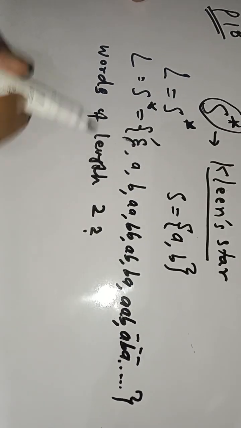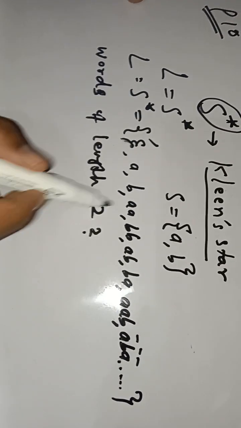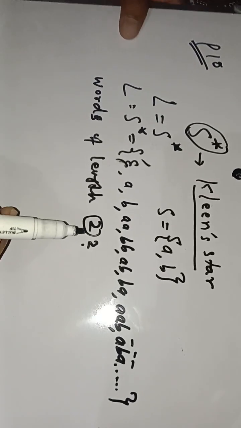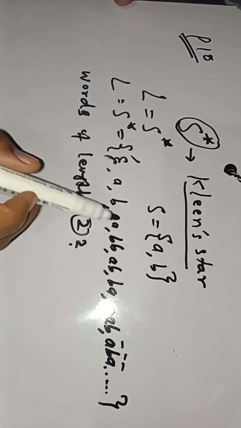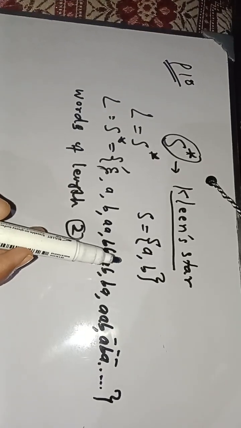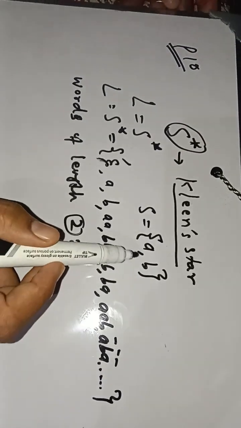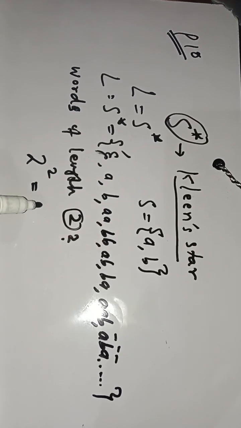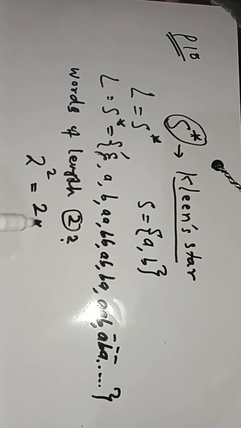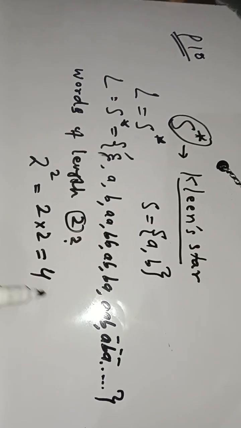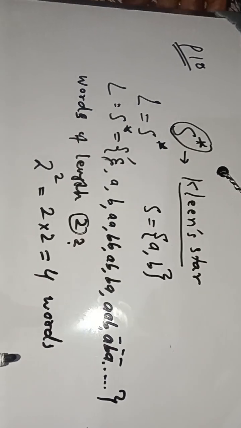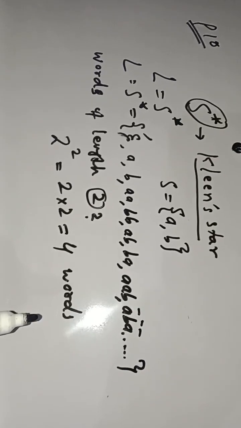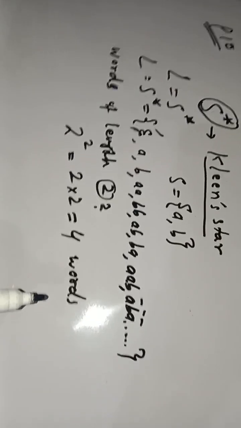So the formula for length 2 would be 2 power 2. So there would be 2 times 2, means 4 words. The words with length 2 can be formed with 4 words.